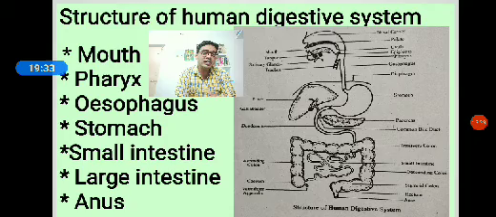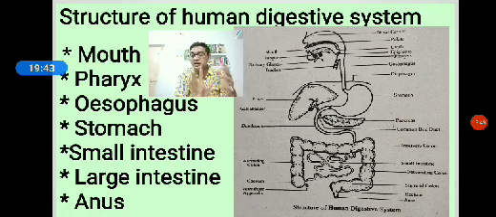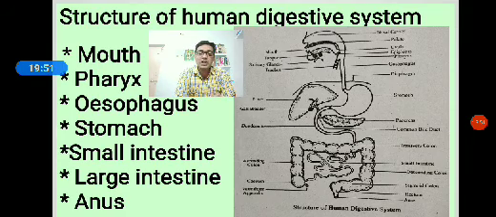They are incisors, canines, premolars and molars. Incisors are helpful for cutting the food. Canines are helpful for tearing the food. Premolars and molars are helpful for grinding the food.